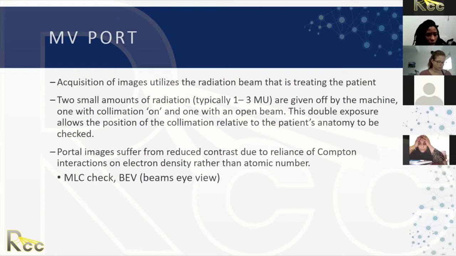The MV ports do suffer from reduced contrast because they rely on Compton interactions. But what the MV ports are really useful for is to check your MLCs. It's just a beam's eye view of your treatment plan. Essentially, you get the MV ports to see, is this what I had planned on my treatment planning system? And does it look very similar to what I'm about to treat?